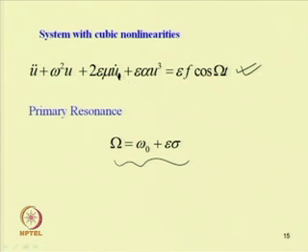Here we have to write two first order differential equations instead of this second order differential equation to find the response. So, let us develop some MATLAB code for finding the response.